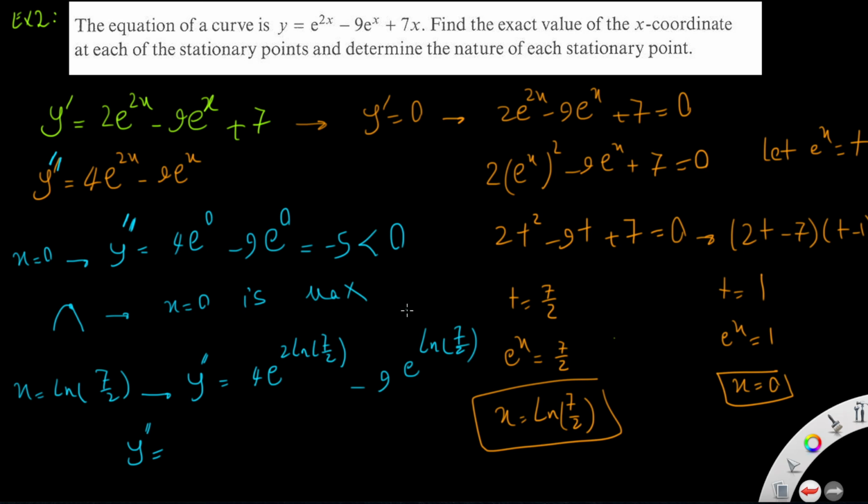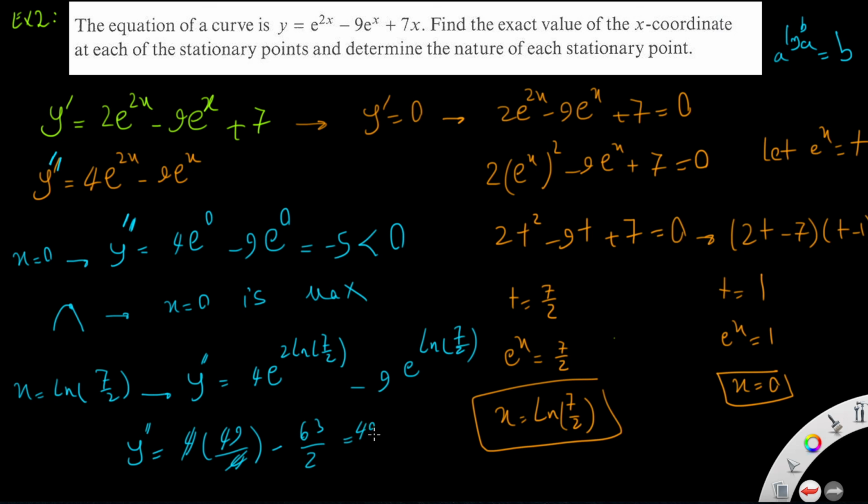We know this rule: a to the power of log of b to the base a is b. As ln has the base e and 2 is the power, it will be 49 over 4. So it will be 4 times 49 over 4 minus this number, which is 7 over 2, times 9, 63 over 2. The 4s cancel each other out.